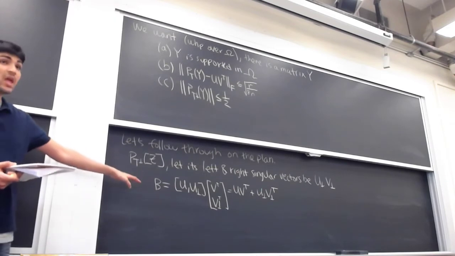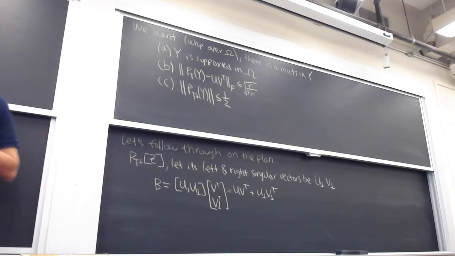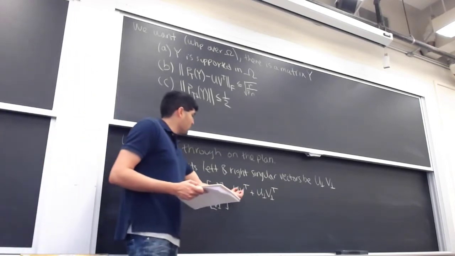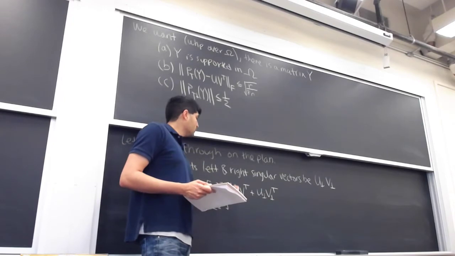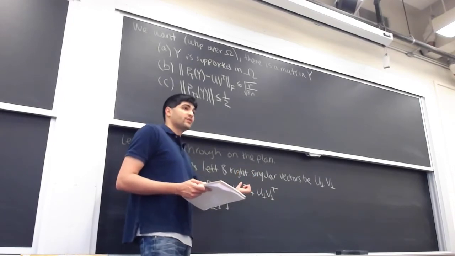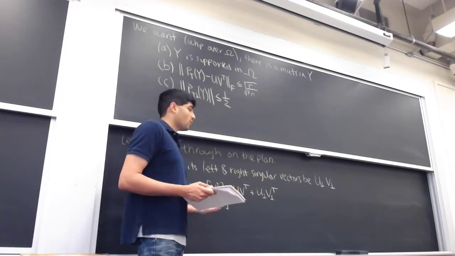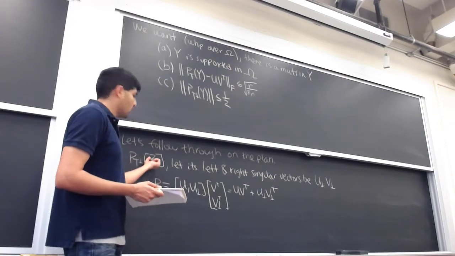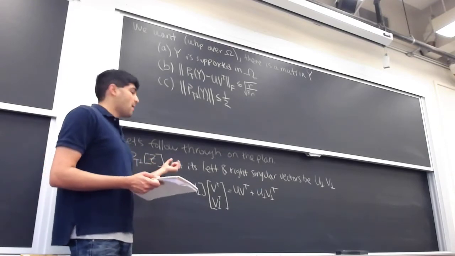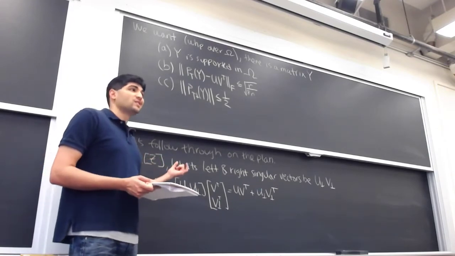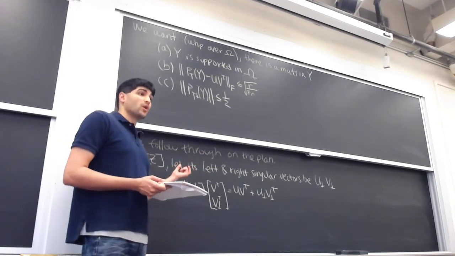So does this statement make sense? You give me the Z, which I want to prove this inequality for. And remember that UV transpose, that is U Sigma V transpose is the SVD of M. So what I'm going to do is take whatever Z you give me, project it onto the space where I still have freedom, which is T perp.